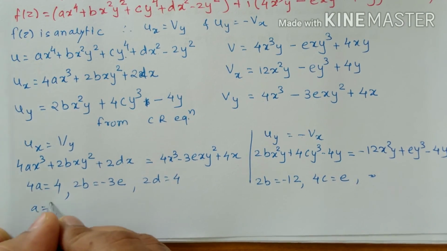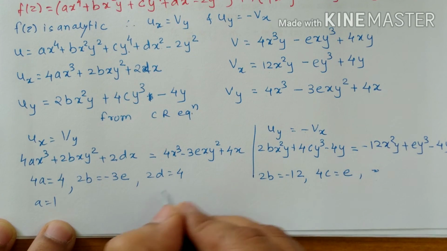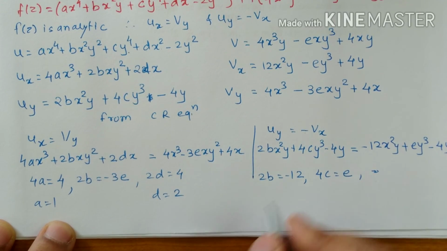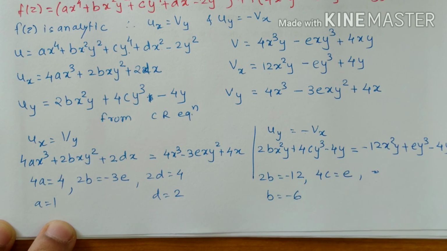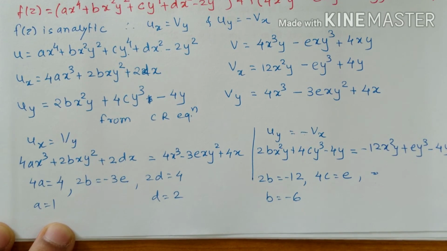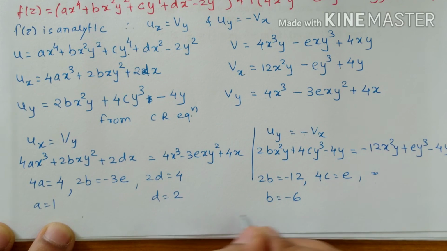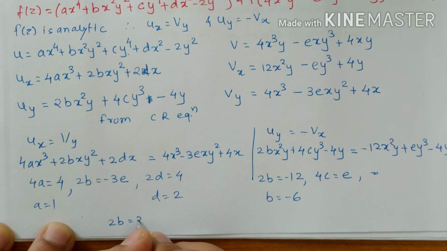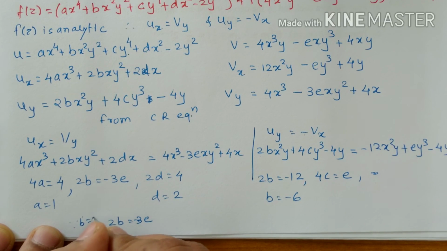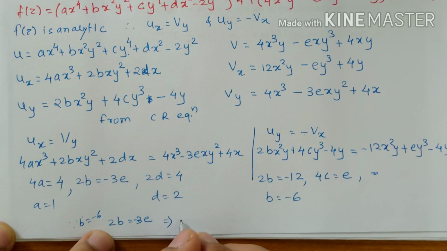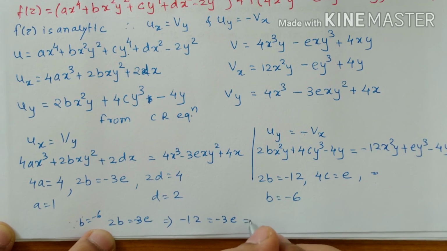So, from here a equals 1, from here d equals 2, from here b is equal to minus 6. Okay, so as b is equal to minus 6, here 2b is equal to minus 3e, we get minus 12 is equal to minus 3e. So this implies e is equal to 4.